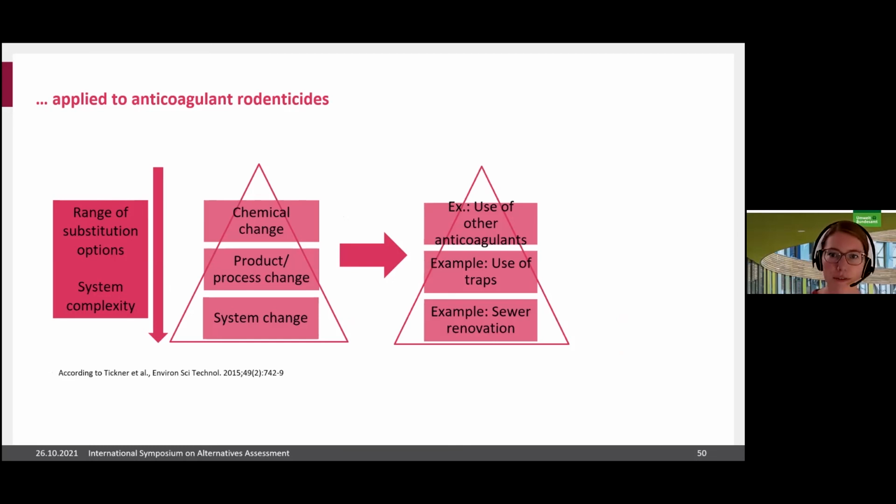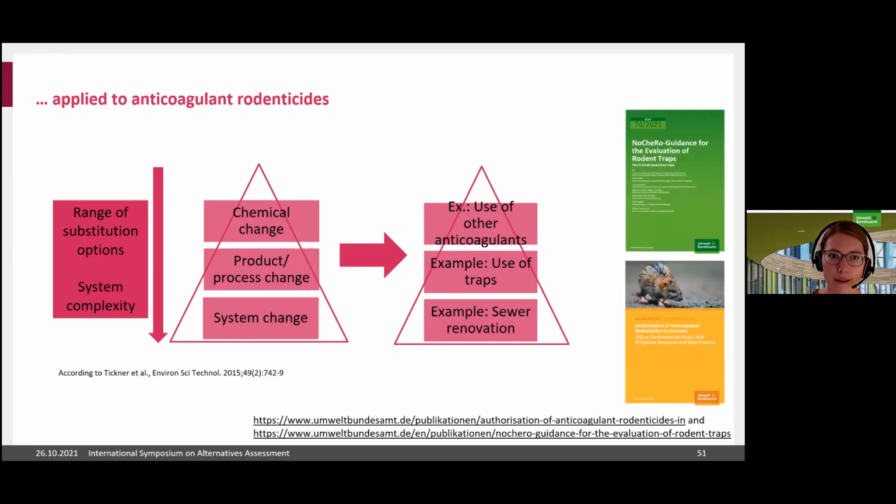So for example, if we try to change the system, we can renovate the sewer to prevent rats from nesting there, or we can try to use traps. There are so many modern digital traps that are very useful for pest controllers, for example. Or if we look at the chemical level, which is what I'm talking about today, we can try to find other chemicals that control mice and rats as well.